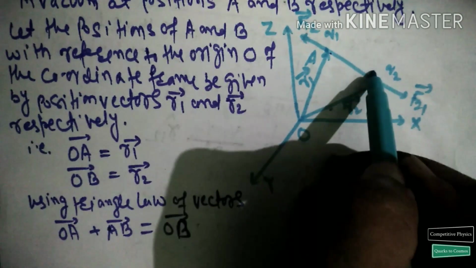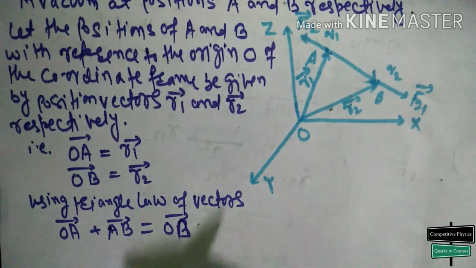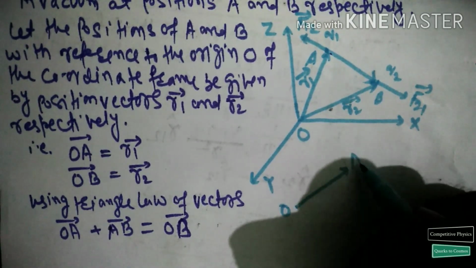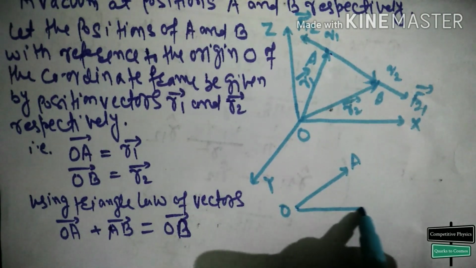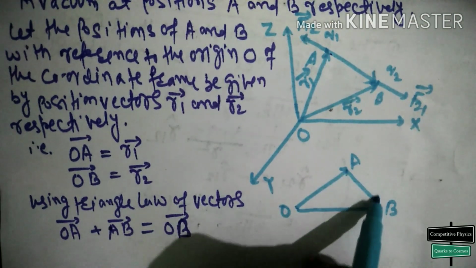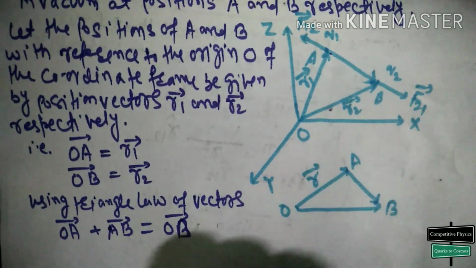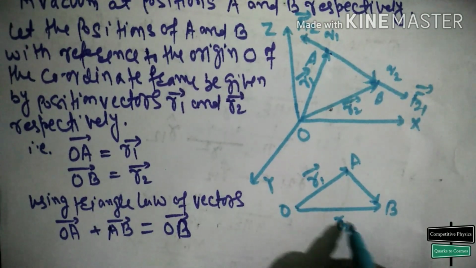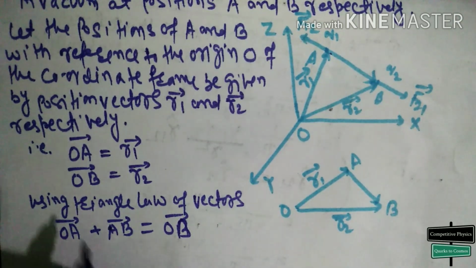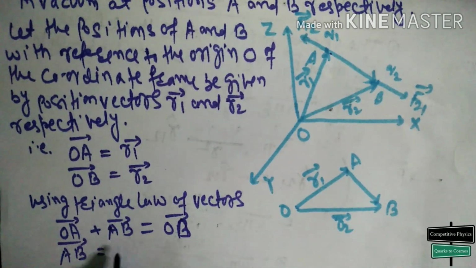Okay, so I want to draw it here. Suppose this is OA and this is OB, and so you can write here this is AB. So this is r1 and this is r2. So you have AB equals OB minus OA.